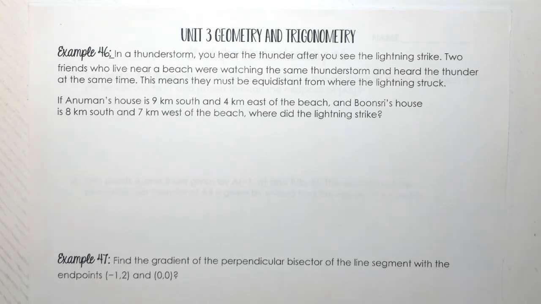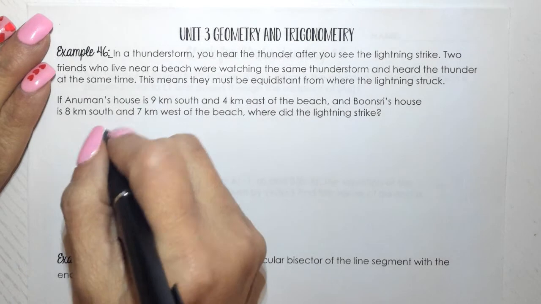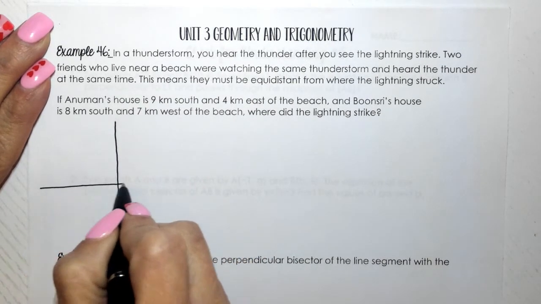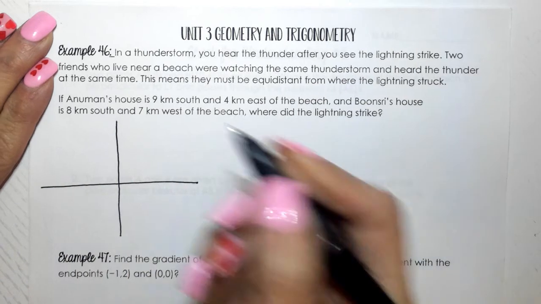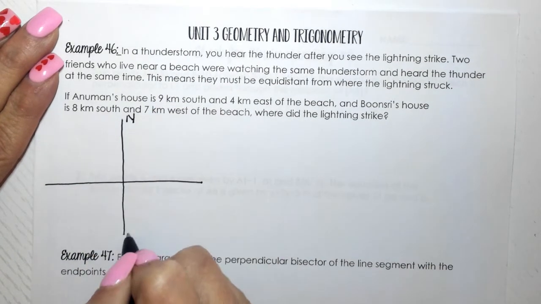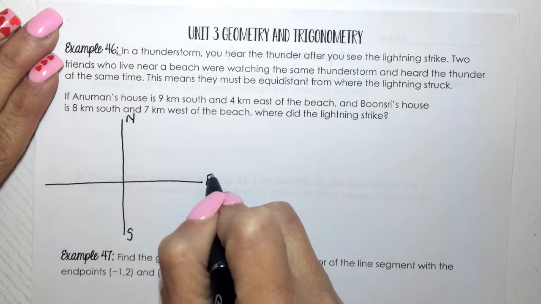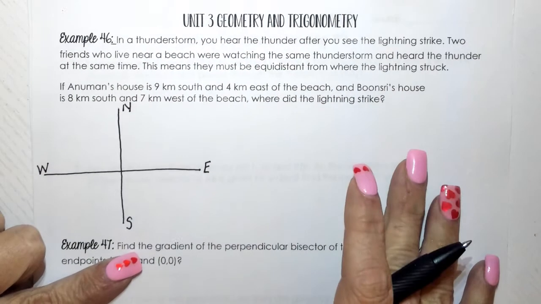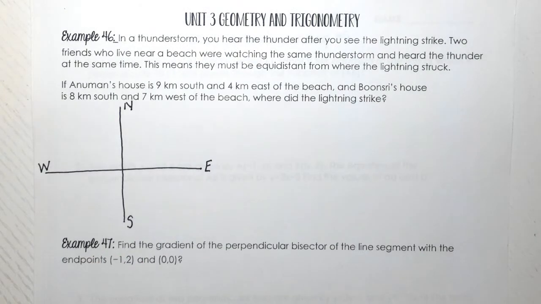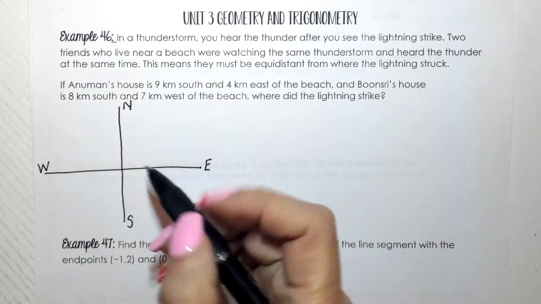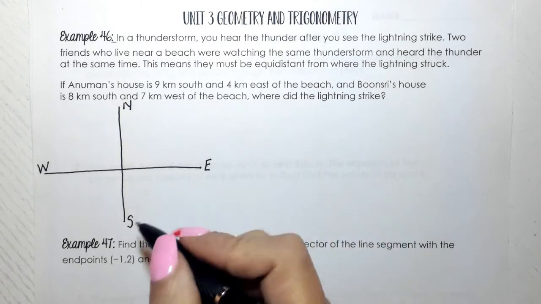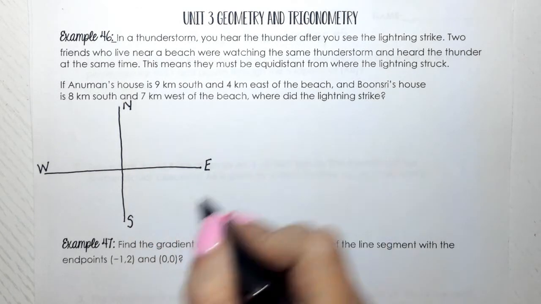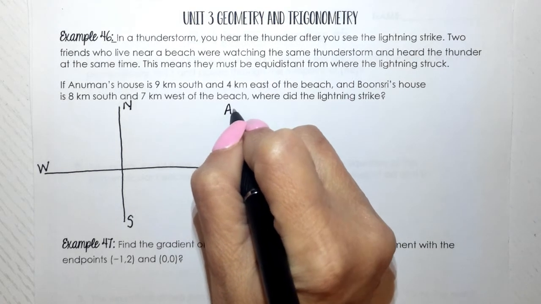All right, so we have a lot of information here. When they start going north, south, east, and west, I really need a graph so I can figure this out. Autumn's house is 9 kilometers south and 4 kilometers east.